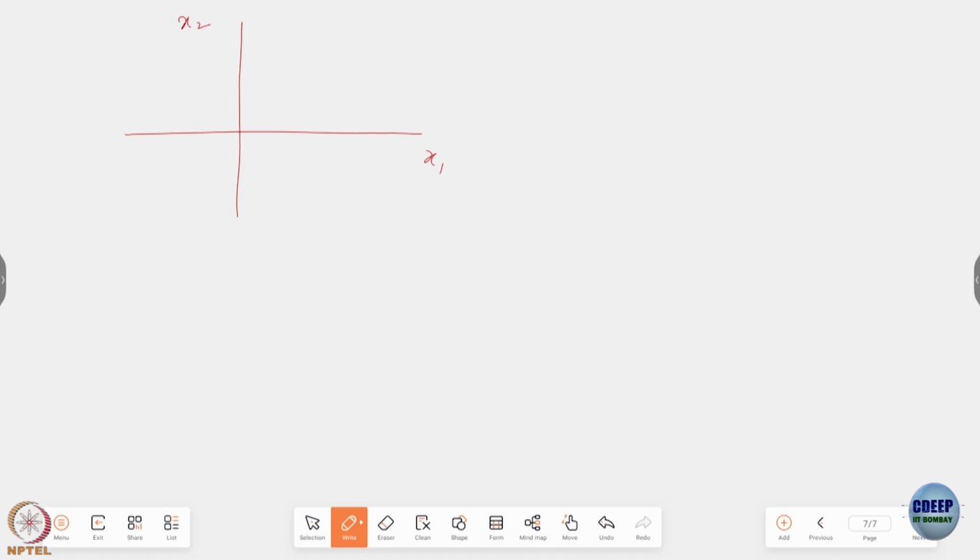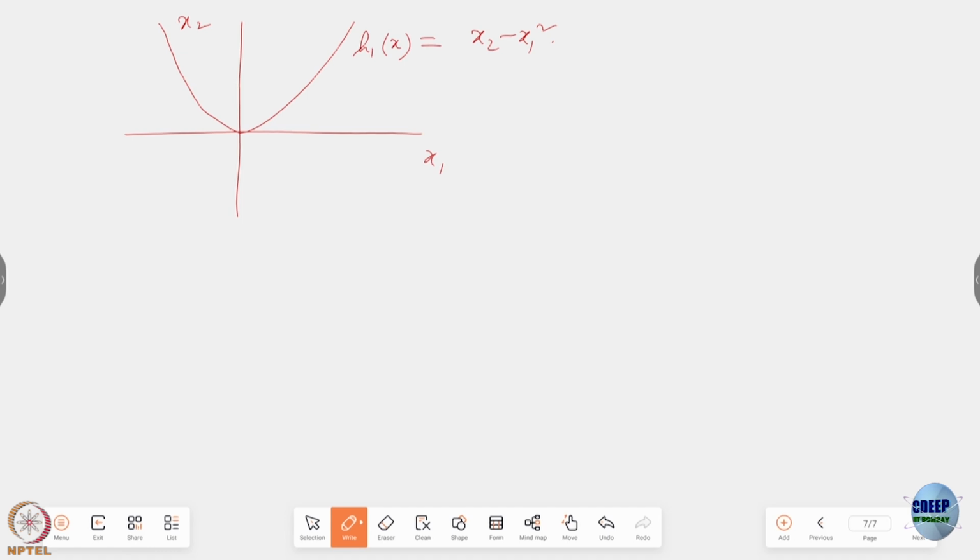Suppose you have a constraint which is a parabola. This is x squared equal to 4y, so this curve may be written as h1(x) equals x2 minus x1 squared. That should be it, no?